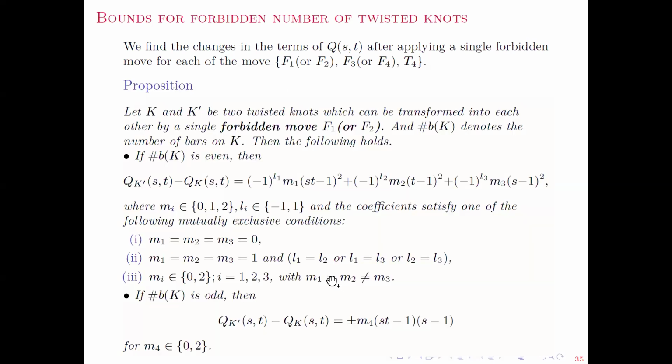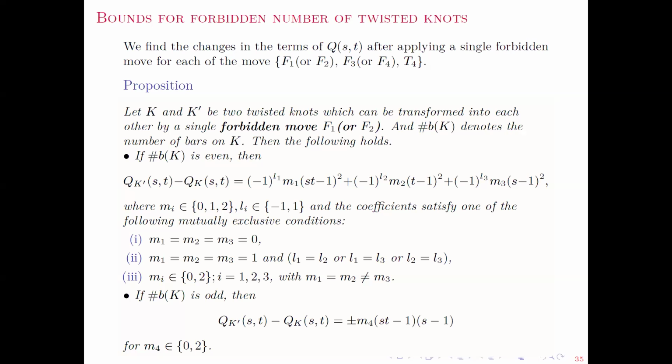So this proposition gives you the change in the polynomial for the F1 move, with all the cases given: 1, 2, 3. So these are all three types of polynomial we get after applying one forbidden move F1. Similarly, there are two cases depending on whether the total number of bars of the diagram is even or odd. Depending on that, the polynomial looks like this.